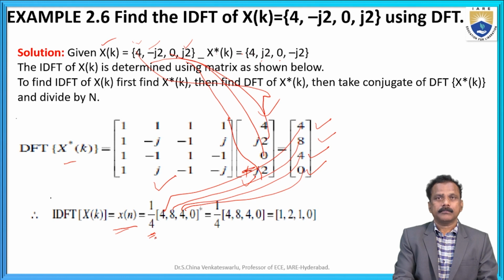After simplifying this, that is 1 by 4 into 4 comma 8 comma 4, 0. That means 4 ones, 4 twos, 4 ones, 0. It is 1, 2, 1, 0.